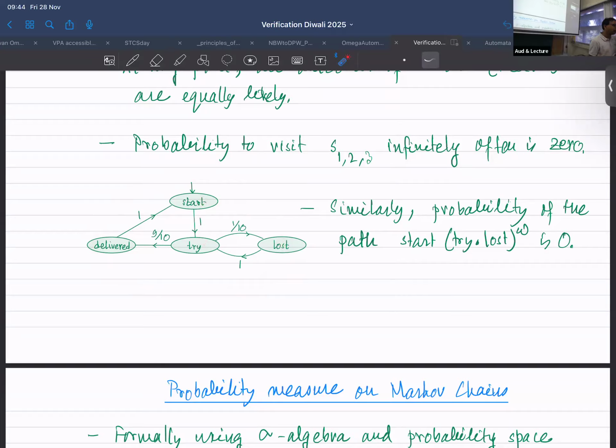The set of states which are visited infinitely often with probability one is in fact this entire BSCC, bottom strongly connected component. With probability one, all the states of the BSCC are visited infinitely often, right?